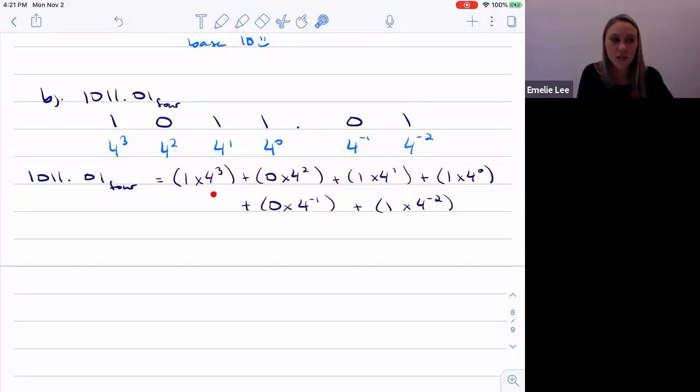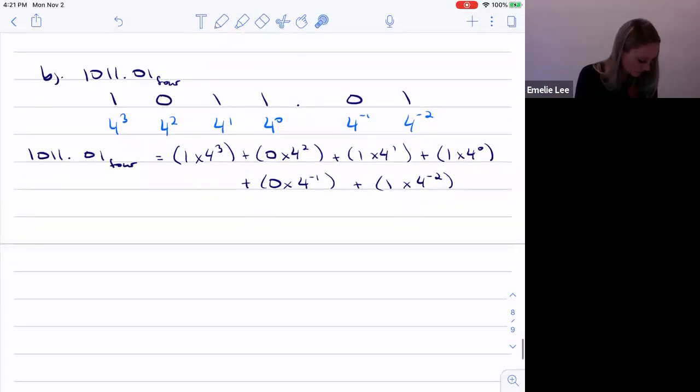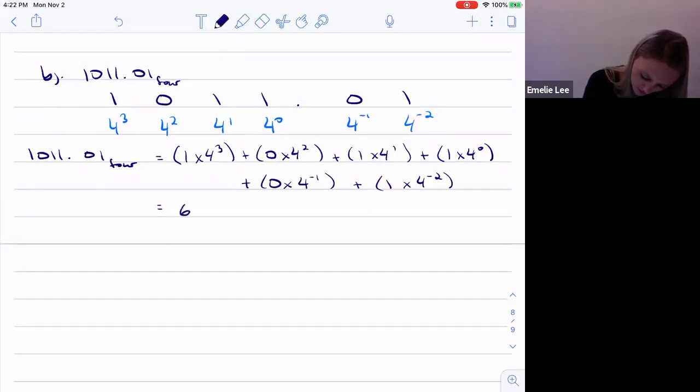I have to use a calculator to know what 4 to the power of 3 is. I know you guys are probably quicker than I. 4 to the power of 3 is 64. So 1 times 64 is 64. 4 to the power of 2 is 16. Doesn't matter, it's times 0. So plus 0.